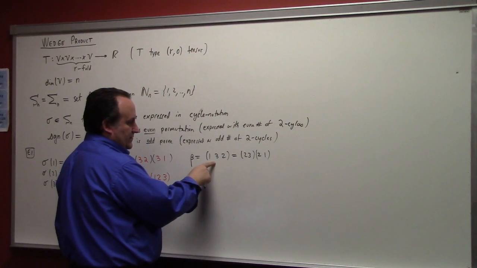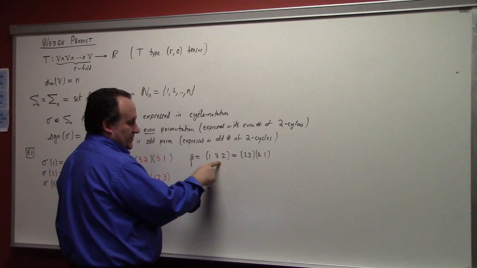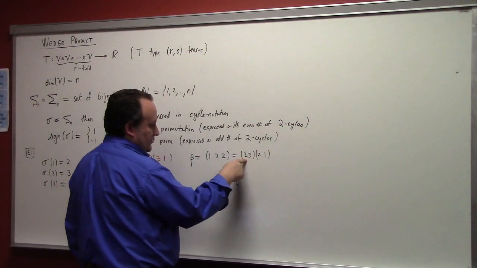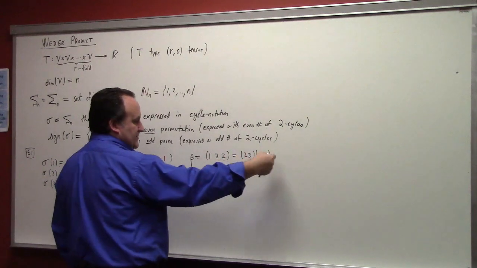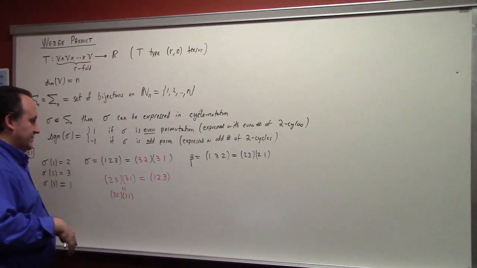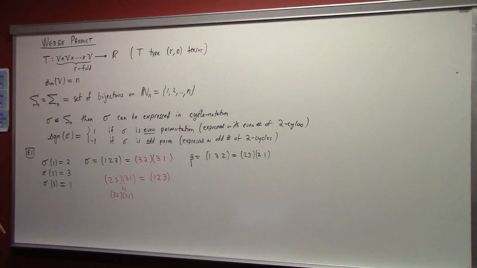That's what we want. 1 went to 3. Then try 3. I hit 3 in here, 3 goes to 2, great. I hit 2 in here, 2 goes to 1. Yeah, you're right. So that's also even. Cool. When they can be expressed as a single cycle, if it has an even number of elements, then it's odd, and vice versa.